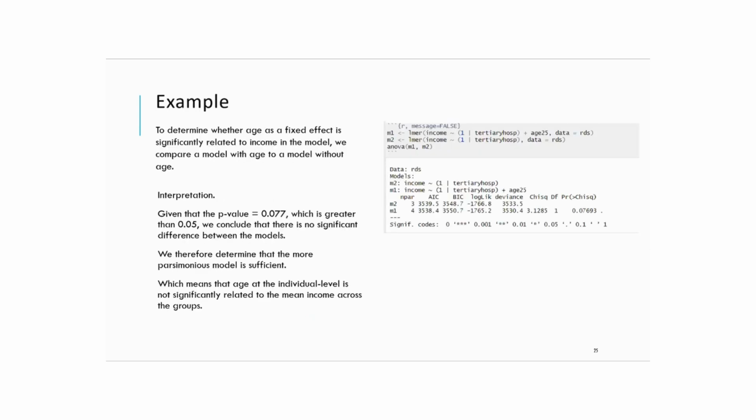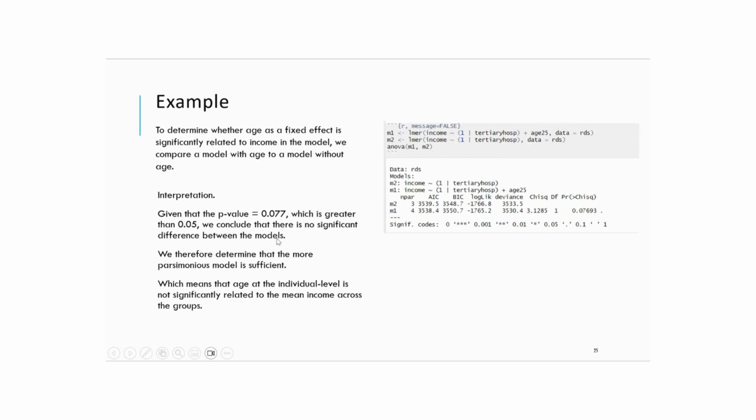So let's look at our example. In R, we compared the bigger model, which looked at your individualized predictor added, that's the age 25, versus the null model. And what we have is your p-value spat out here as 0.07.